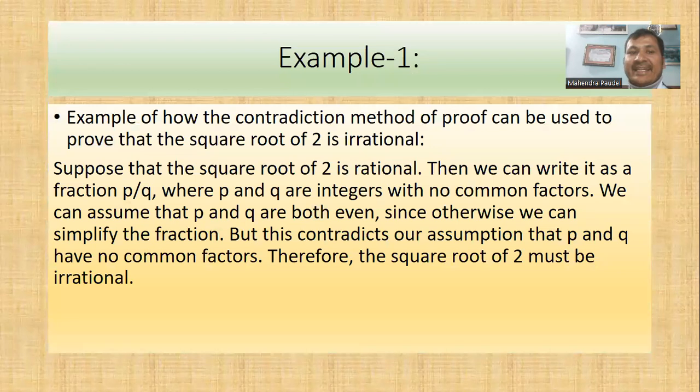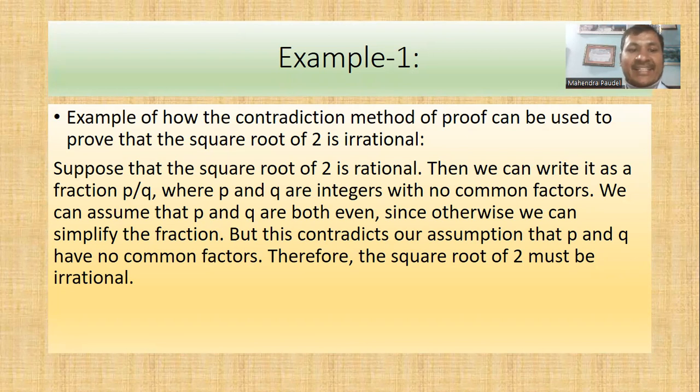Example 1. An example of how the contradiction method of proof can be used to prove that the square root of 2 is irrational. Suppose that the square root of 2 is rational, then we can write it as a fraction p by q, where p and q are integers with no common factors.